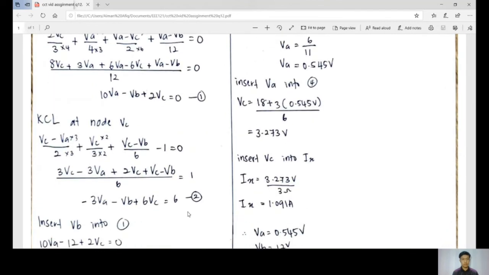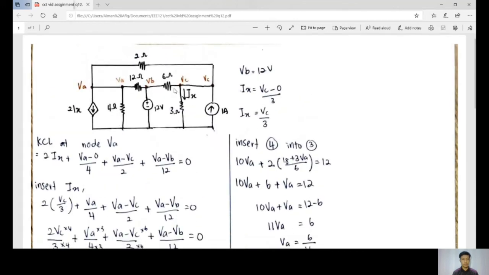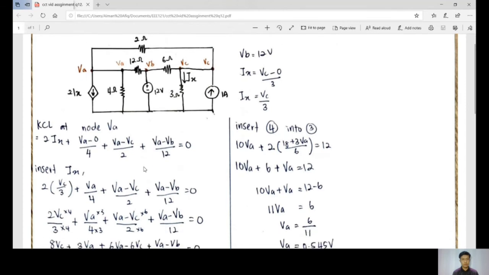And then we look at the KCL at node VC here. So there is negative 1 plus (VC minus VA) over 2, and (VC minus 0) over 3, and plus (VC minus VB) over 6.